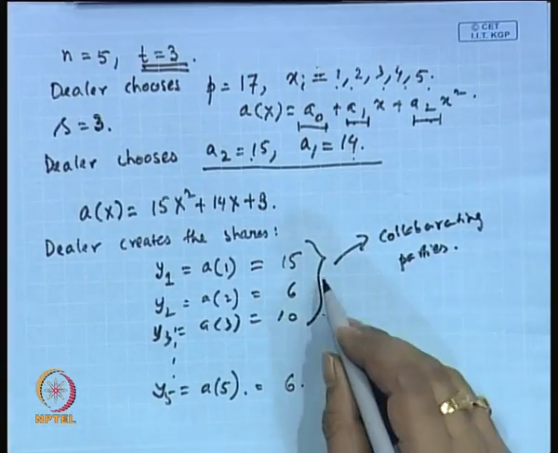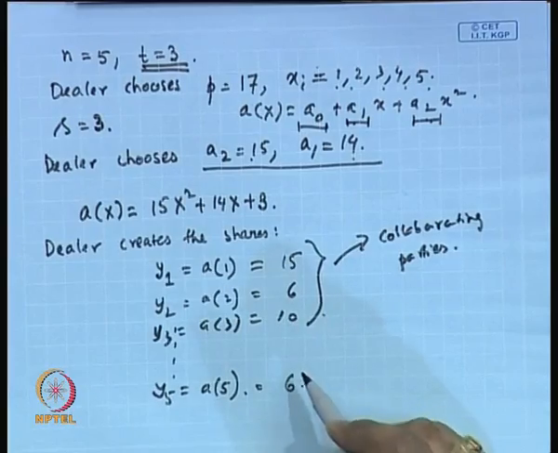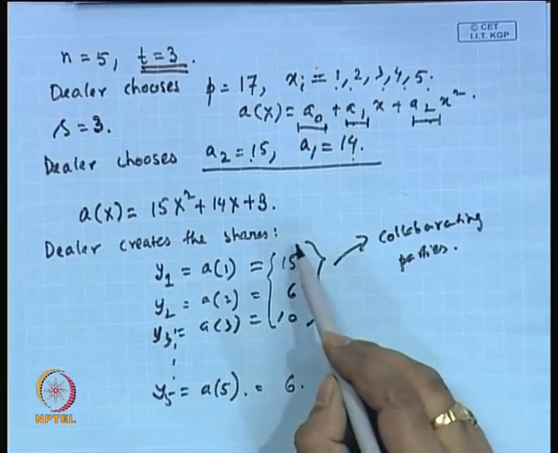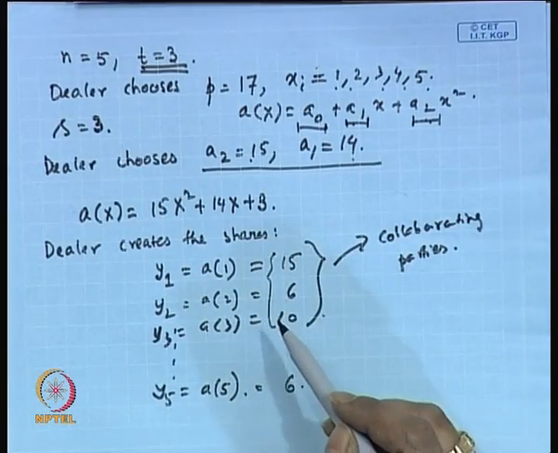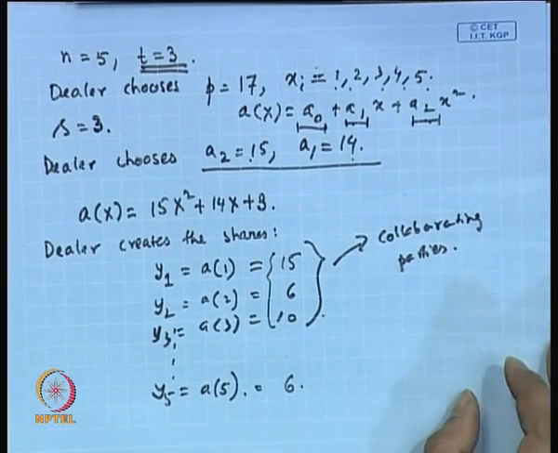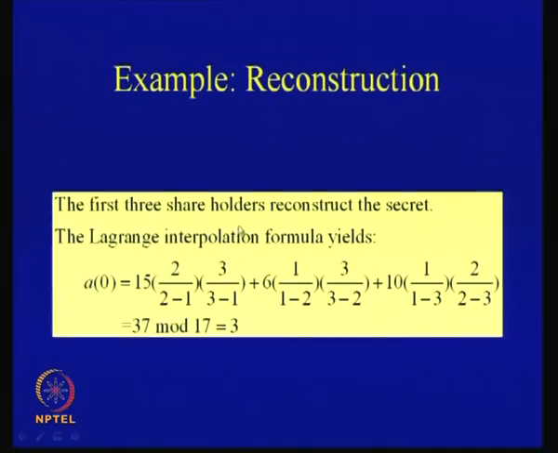These collaborating parties will apply Lagrange's interpolation on 15, 6 and 10. The polynomial is as shown here, that is, 15 into 2 divided by 2 minus 1 into 3 divided by 3 minus 1, plus 6 into 1 by 1 minus 2 into 3 by 3 minus 2, plus so on.